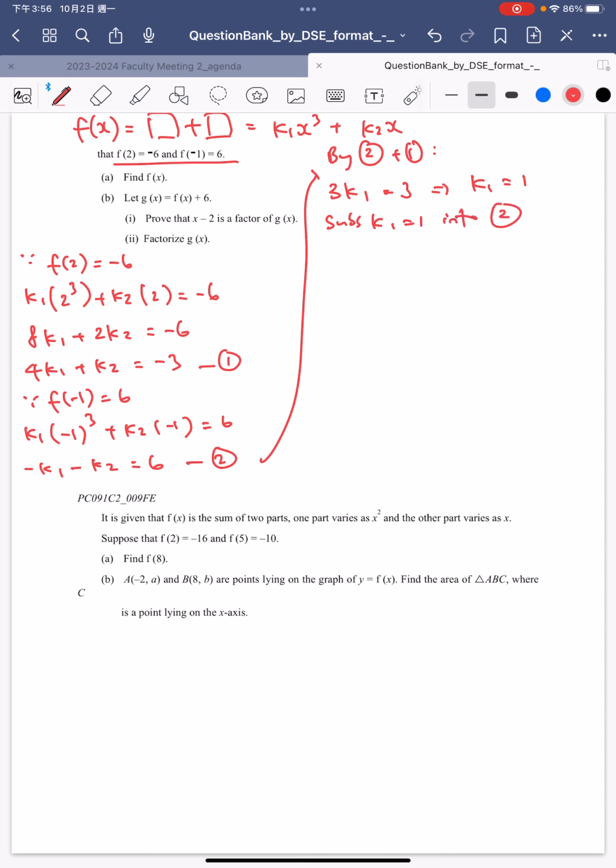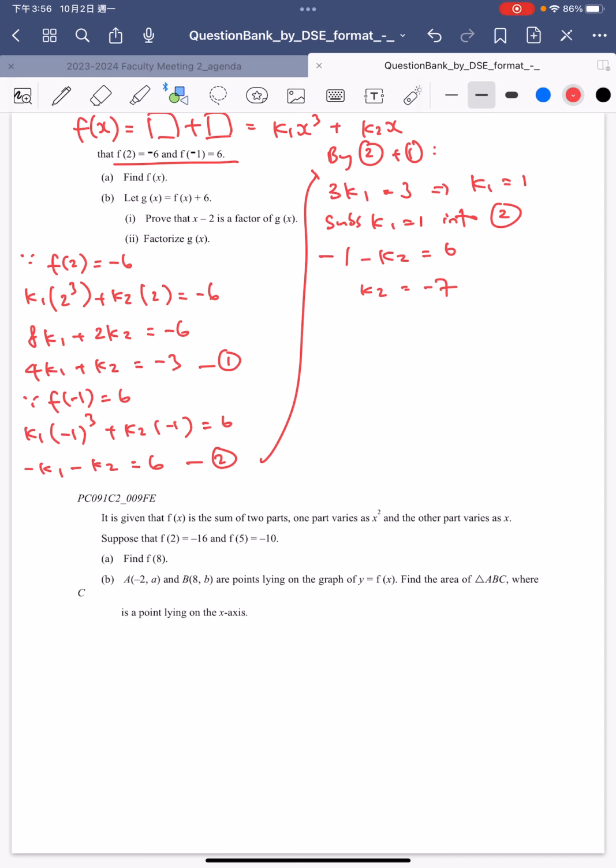Maybe formula 2 is easier. Then we have negative k1, which is negative 1, minus k2 is equal to 6. So k2 moved to the right hand side becomes positive k2, and the 6 moved to the other side becomes negative 6. So negative 1 minus 6 gives you negative 7.